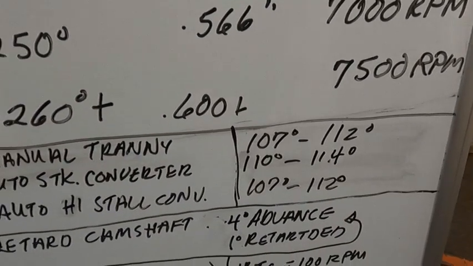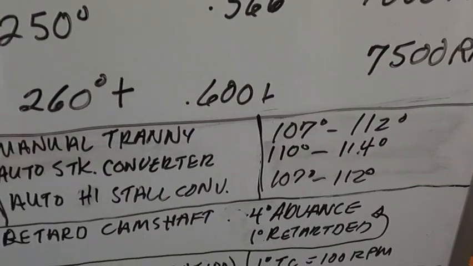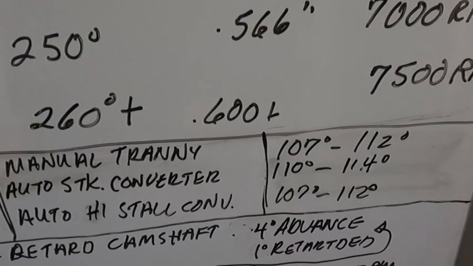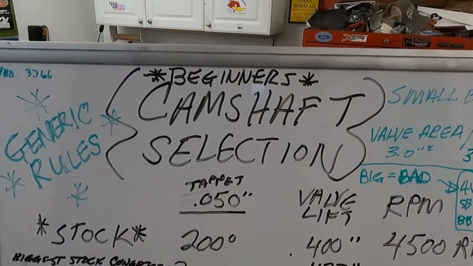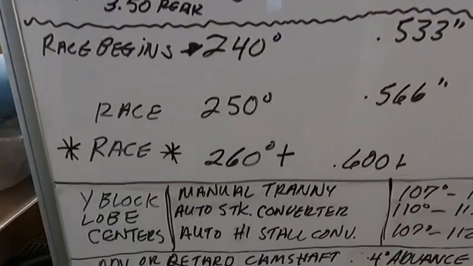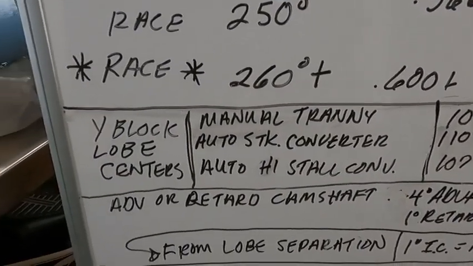And like I said, these are generic rules. So obviously all rules are meant to be bent, but this is beginner's camshaft selection. So we're just giving you some guidelines to go by.